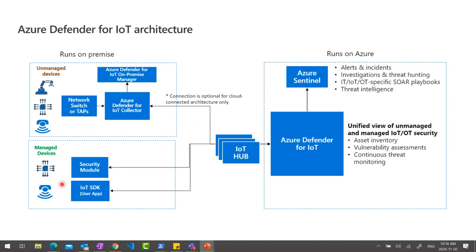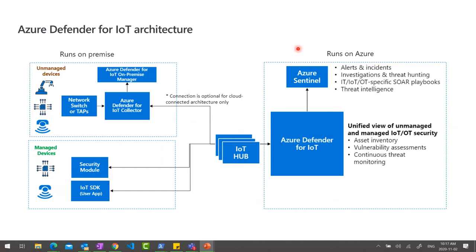So if you're using one of the Microsoft IoT devices, which I will also cover in the upcoming slides, you will have a pre-built agent running in it straight out of the box that you can take advantage of from the beginning itself. Now, both of these unmanaged and managed devices will be working towards protecting your IoT hub or any of the IoT devices that you want to connect to, in order to detect the vulnerabilities if there are any in those devices.